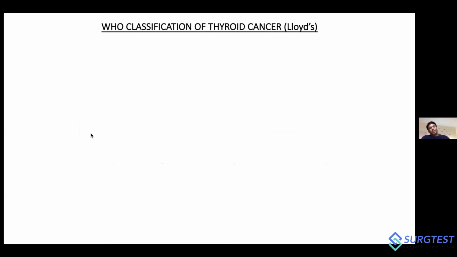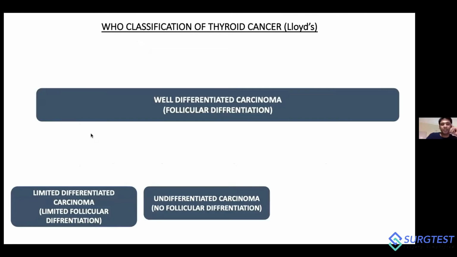Okay. So now coming to the WHO classification of thyroid cancer. First, I will just divide it into three parts. Well differentiated carcinoma, they have a very good follicular differentiation.